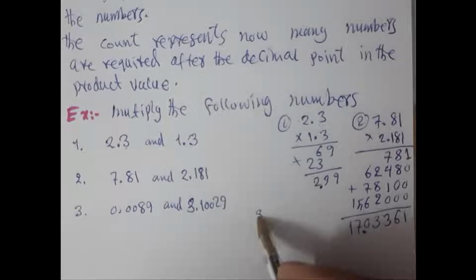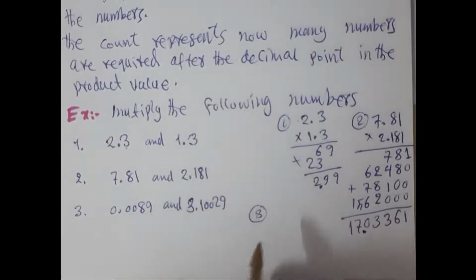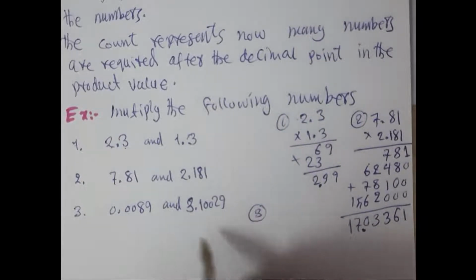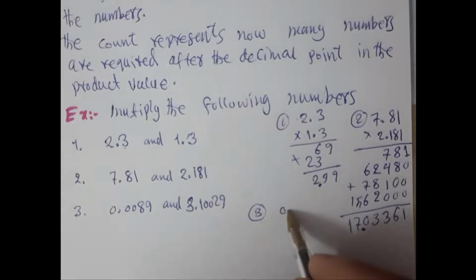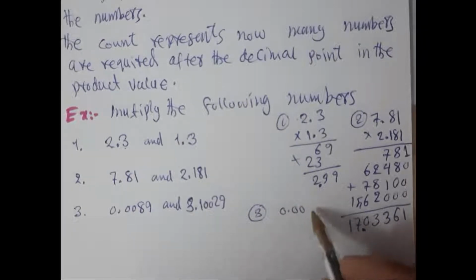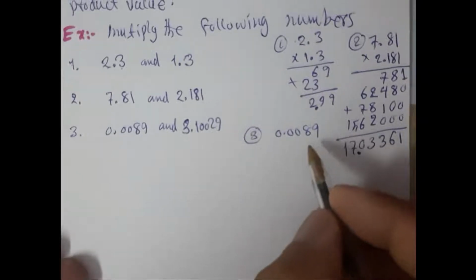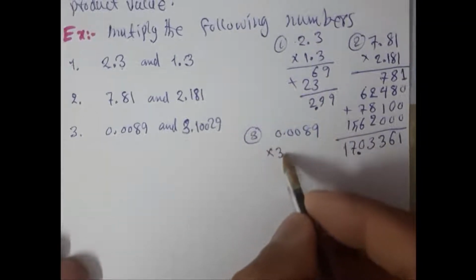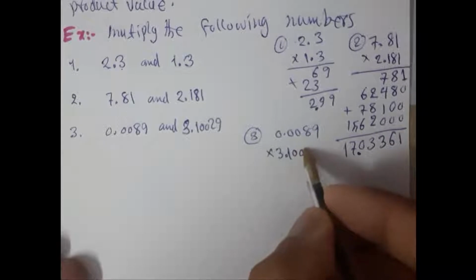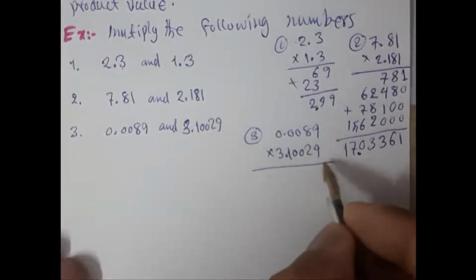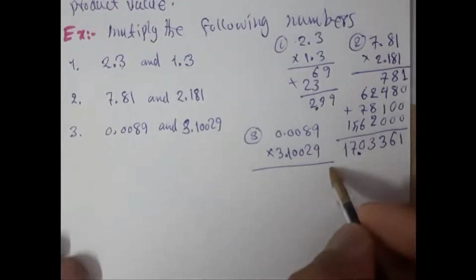Here we want to solve question 3. We have 0.0089 multiplied by 3.10029. 9 times 9 is 81.